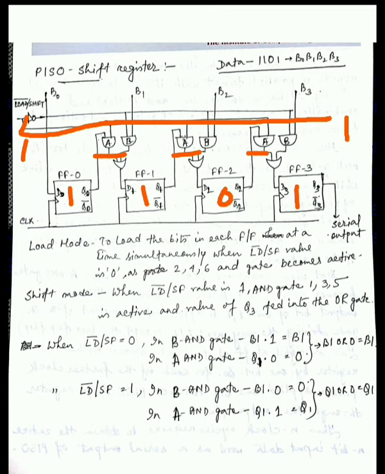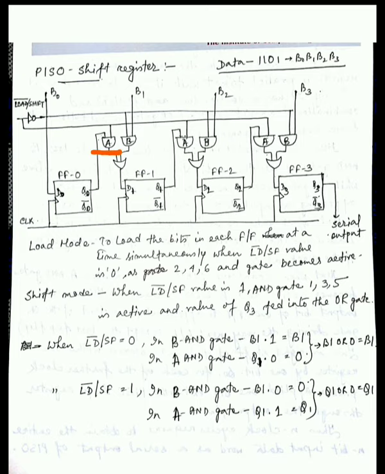The 1 goes into this flip-flop, its value is 1, it goes here, its value is 0, it goes here, its value is 1, and we get the output value here. So whenever A is active, all the values in the previous flip-flop go into the next flip-flop. This becomes 1, this becomes 0, and so on. It is shifted from left to right.